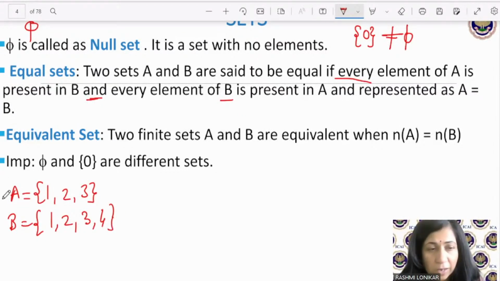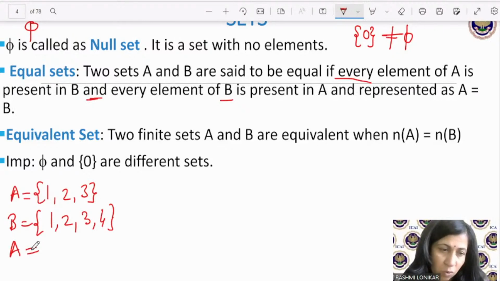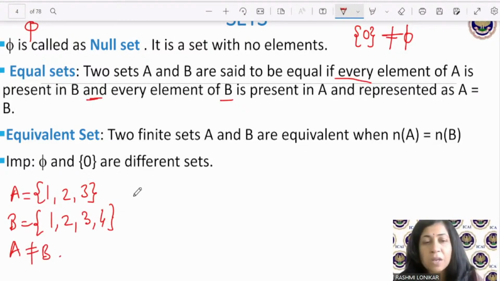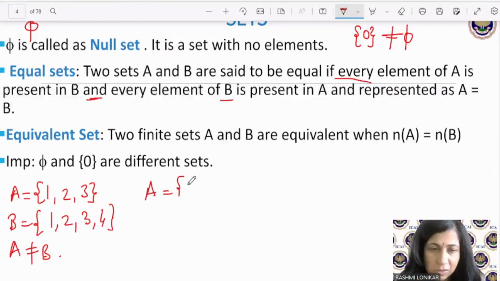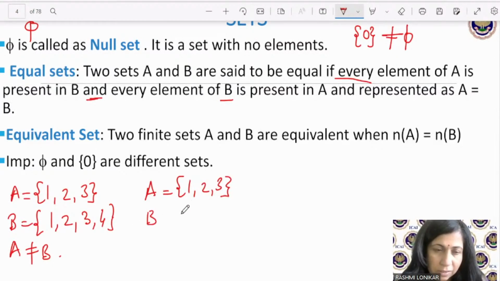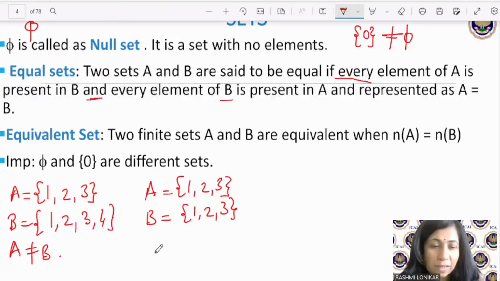Then all elements of A are in B, okay, 1, 2, 3. But are all elements in B in A? No. So A is not equal to B. But if I have A also as 1, 2, 3 and B also as 1, 2, 3, then I say A is equal to B.